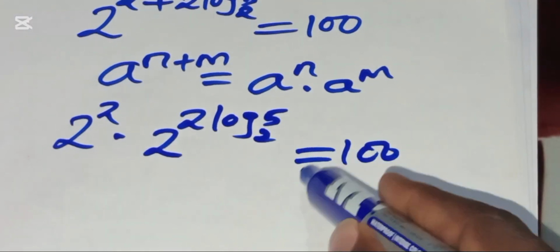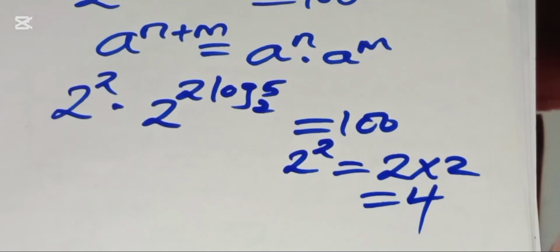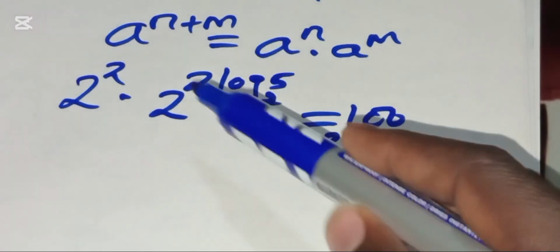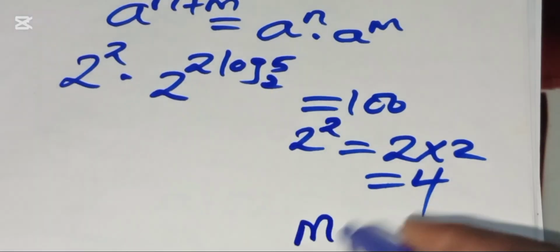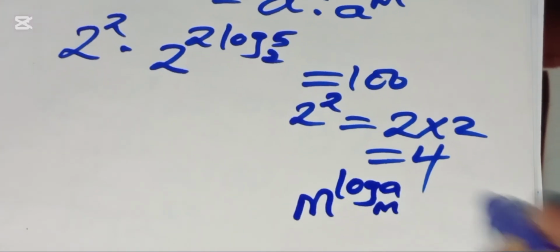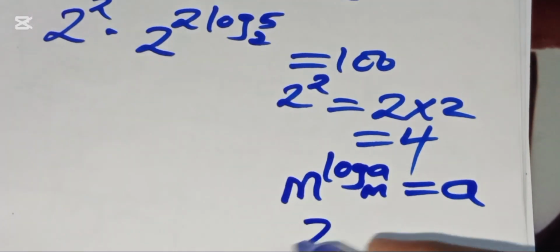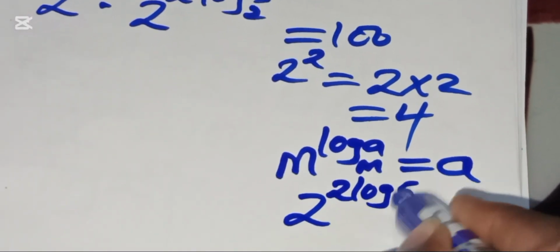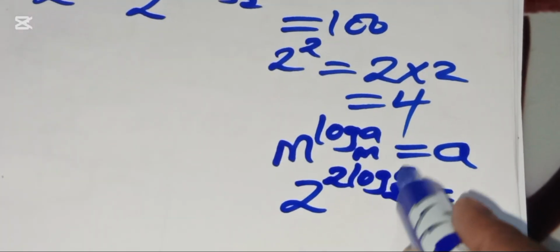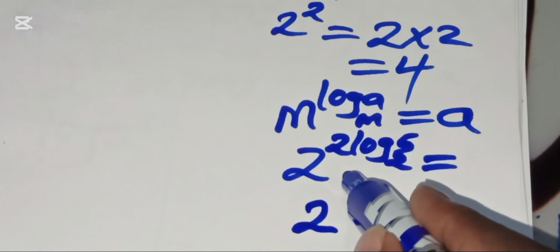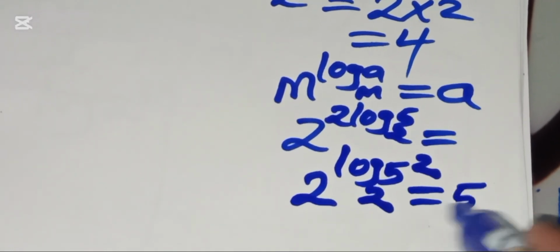Now, 2 raised to power 2 is the same thing as 2 times 2, which is equal to 4. But 2 raised to power 2 log 5 to base 2 is in the form of m raised to power log a to base m, which is basically equal to a. So let's apply this logarithm property. 2 raised to power 2 log 5 to base 2 is the same thing as 2 raised to power log 5 squared to base 2, which is equal to 5 squared.